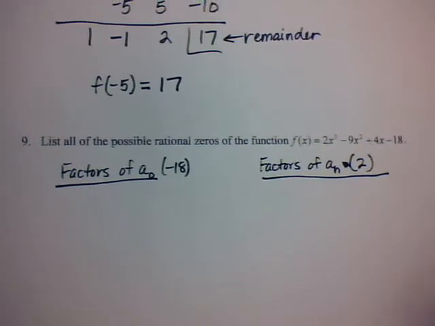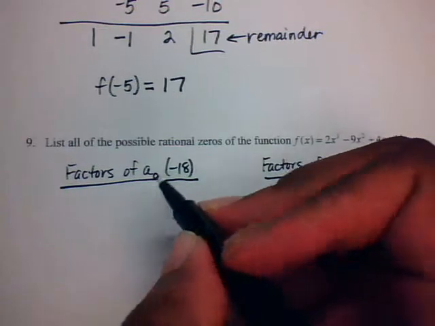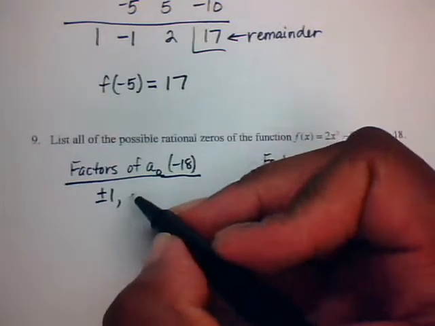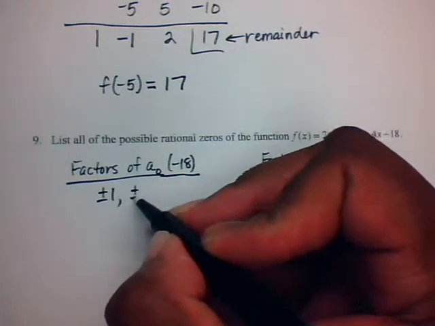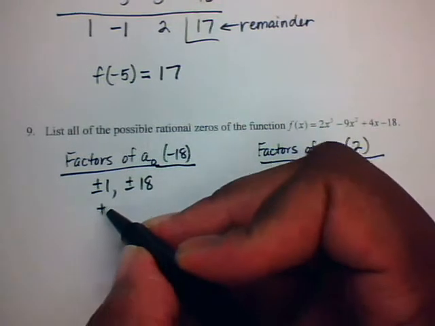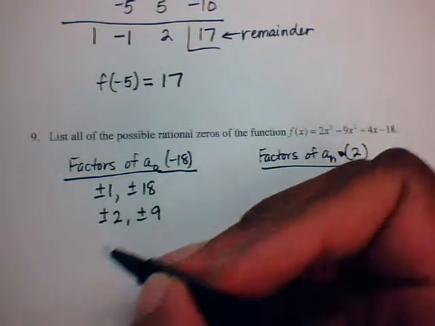Okay, the way I do this, I list all the factors in pairs. So we'll start with negative 18, and we're using plus or minus symbols here. So for 18, we'll have plus or minus 1 and plus or minus 18 as a pair of factors. Another pair will be plus or minus 2 and plus or minus 9.